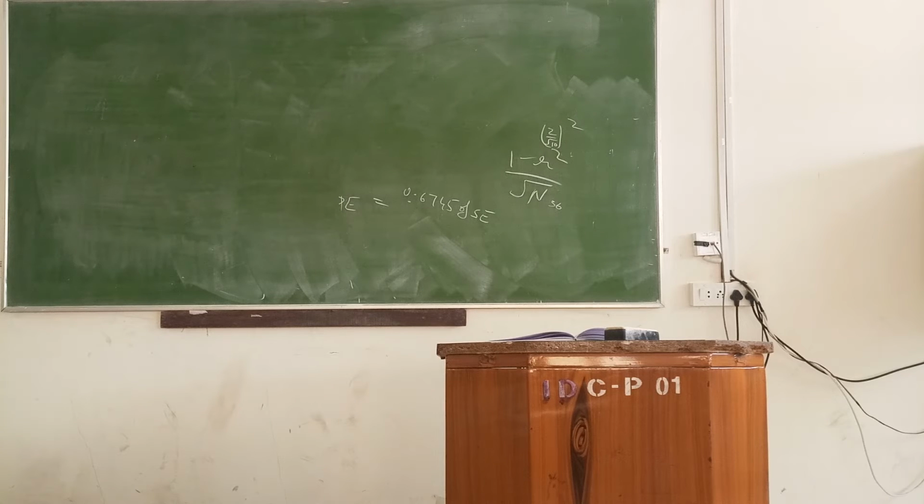Probable error. Be careful with the division now. The whole numerator is 1 minus r square. You would have 1 minus this by this.